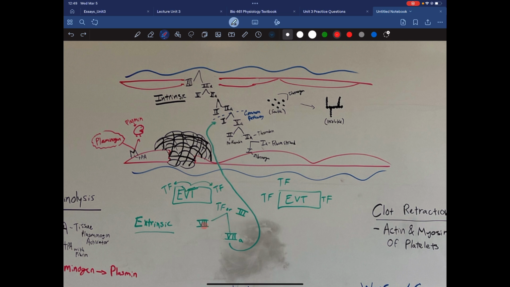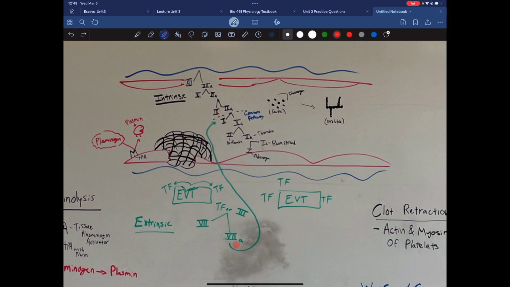Number 3 activates factor 7 to its active form, and factor 7 can pretty much go straight to 10 and activate number 10, which will then lead down here to the common pathway. So that's why it's the common pathway, because they both lead to this point, and it converges into it.